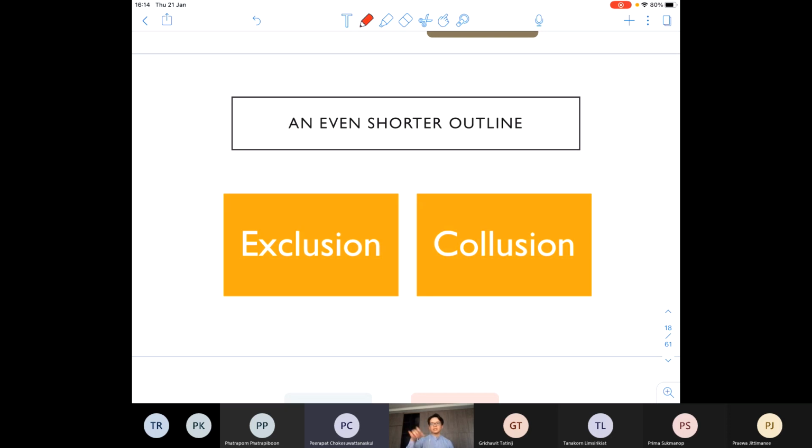This is what we call exclusion, or you're competing against other firms and you're trying to exclude them from the competition or make them worse in terms of their competitive capacity. That is exclusion. But another way is to collude, where you are still pretty much competitors, but you decide that you will not compete. So you decide to collude. That is an alternative approach.